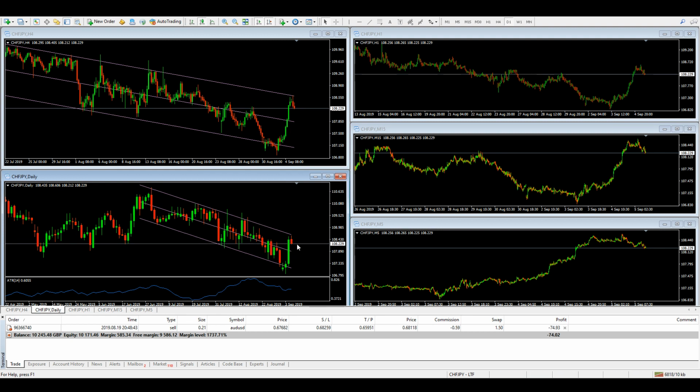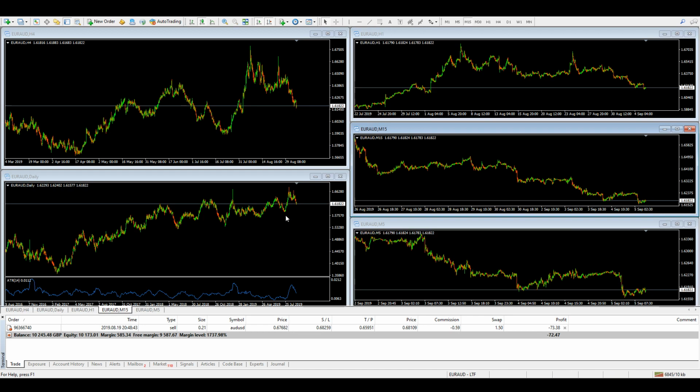No, I want this candle to close to give confirmation that this is a lower high. So yeah, I'm definitely bearish on this, but I just want to see a better confirmation on the daily first of all, and then consider looking at the lower time frames.